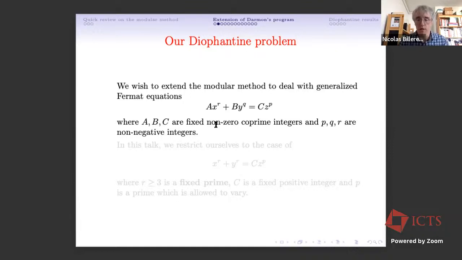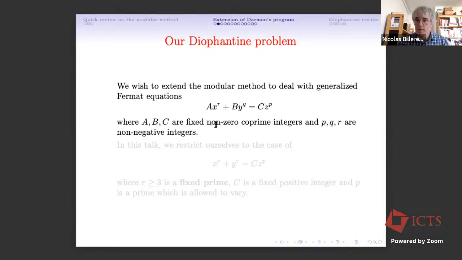Those equations are of the shape A x^r + B y^q = C z^p, where A, B, and C are fixed non-zero coprime integers, and p, q, r are non-negative integers. This would be great, and it's actually the goal of Darmon's program.